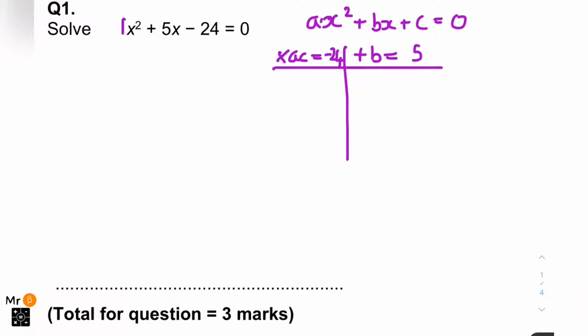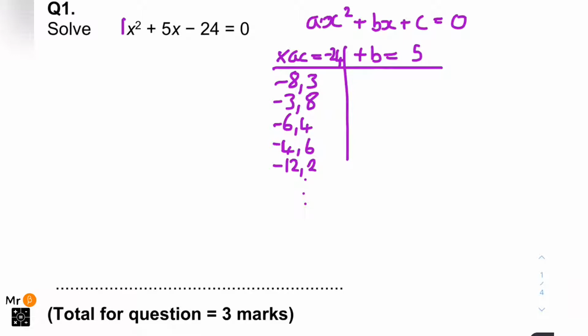So now I'm going to write down my factors of 24. So negative 8 times positive 3 gives you negative 24, negative 3 and positive 8. We could also have negative 6 and 4, negative 4 and 6. And we can keep listing these.